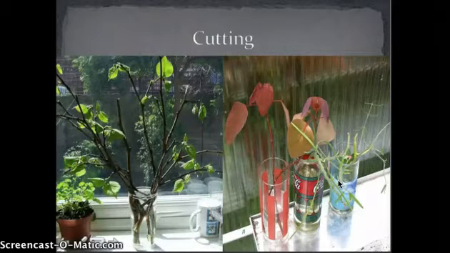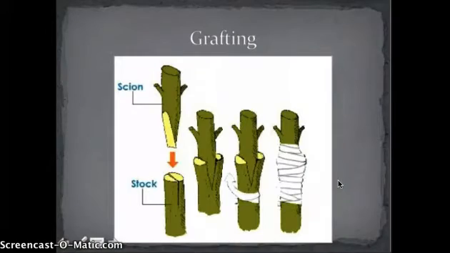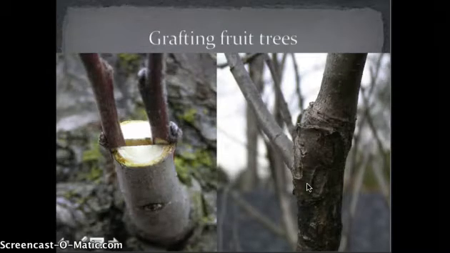Here's an example of some cuttings from trees or plants where we can regrow new plants. Grafting is another form of asexual reproduction, and here we're taking part of a fruit tree and adding it to another, and then through the process of cell division we have them growing into one plant. So here's the example.